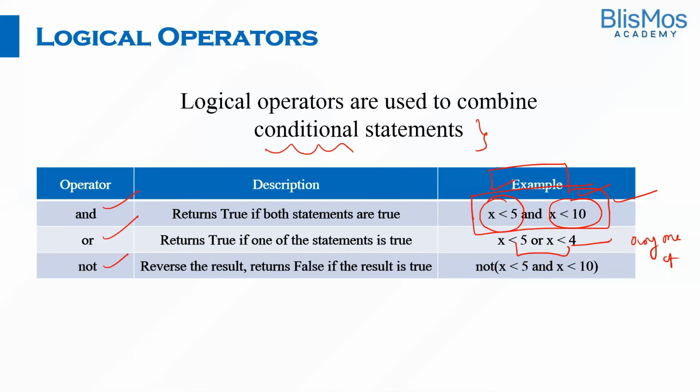And not is almost the opposite of this. It will reverse the result. It returns false if the result is true. In this case, if both of them are true, then it says no, no, no, it is false.